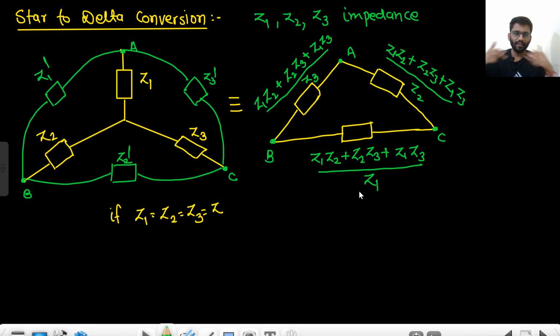So you are getting out of it, so something will get enhanced, so the formula will be bigger, and when we convert delta to star, the formula will be shorter. Okay, we are converting star to delta, the formula will be bigger, and when we convert from delta to star, that means we are getting into it. If we are getting into it, it will be smaller. If we are getting out, it will be bigger.